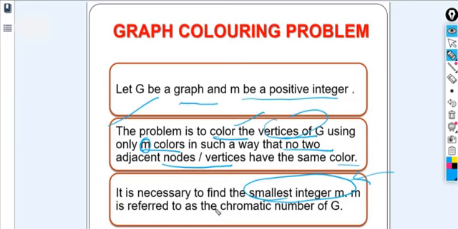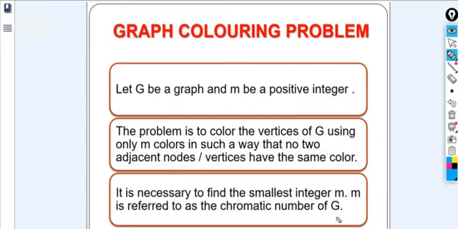The number of colors you use to color the vertices of the graph is known as the chromatic number of the graph. It's a technical term given to the smallest integer M value.